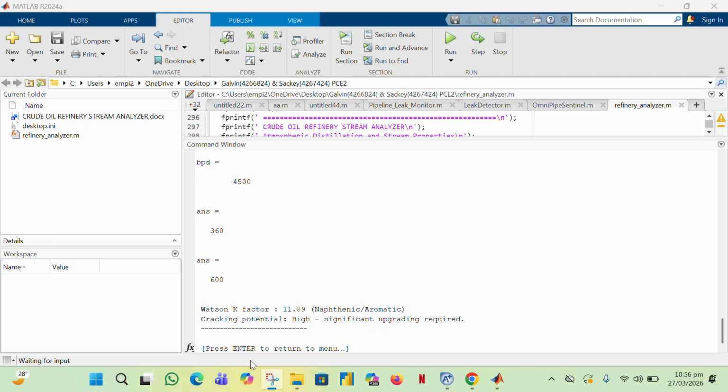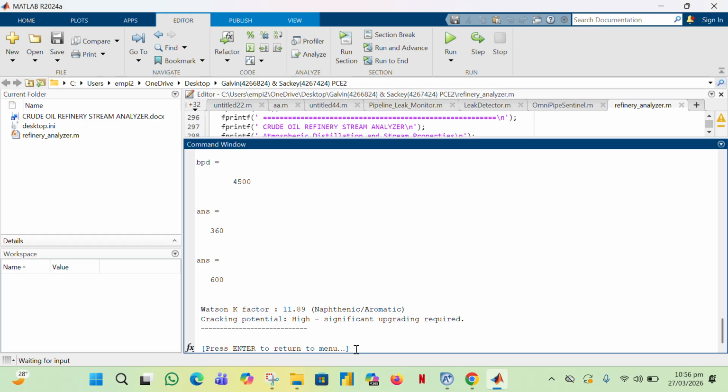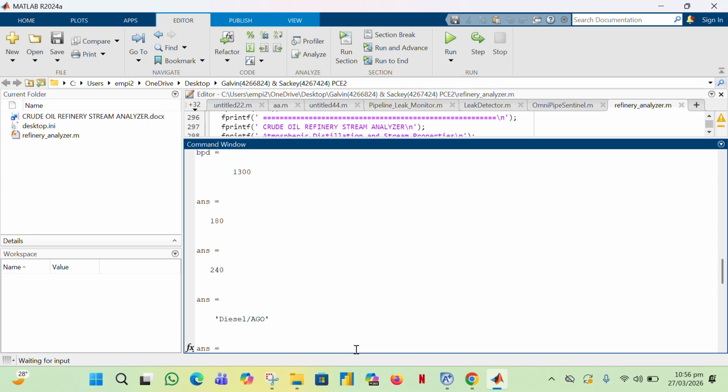And from this information, they also tell us the cracking potential, high, significant upgrading required, telling that you need more heat to be able to get all the components that you want. So this is the information model 1 gives you. Just from the crude oil, you are able to dig out all this. If you are working in a company, in a refinery, this is the way model 1 assists.